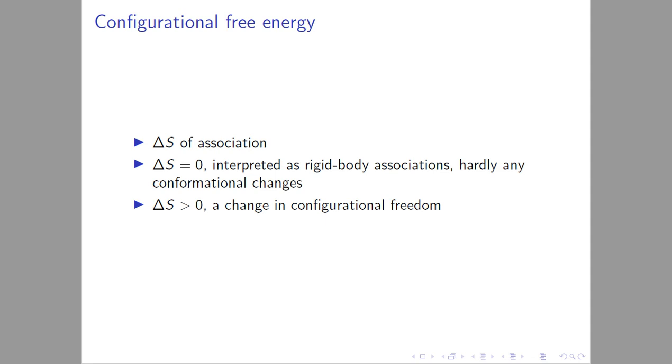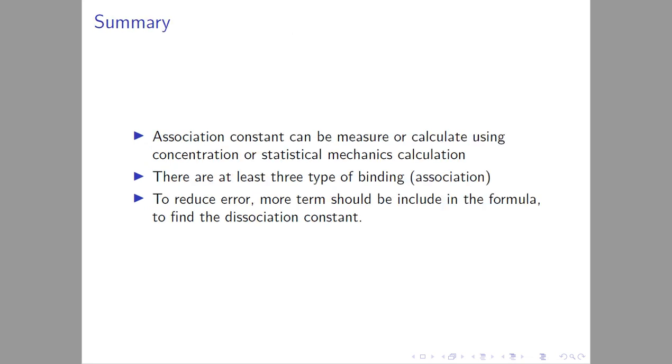So what we can say here is that the association constant or the dissociation constant, K dissociation or K association, can be measured or calculated. The first way uses concentrations at equilibrium, the statistical thermodynamic 1 over Ks, or a statistical mechanics calculation using the partition function. And there are at least three types of binding association.